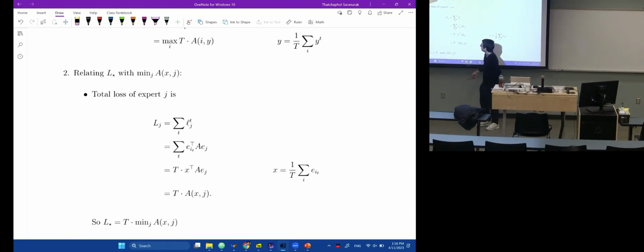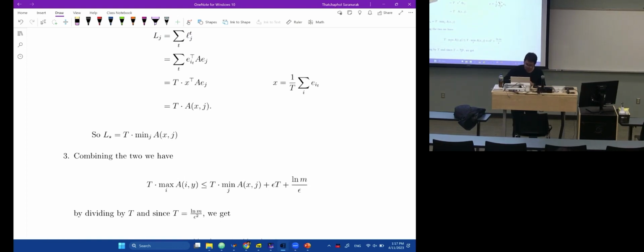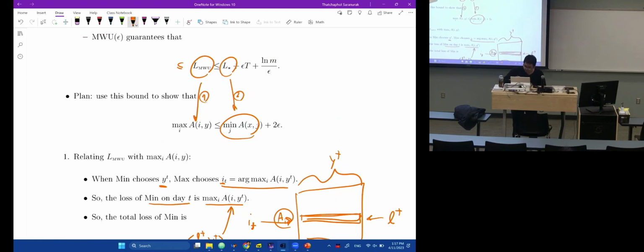The loss of expert j is just going to be T times A x_j. So the loss of the best expert is minimized over all j, so T times min over j of this thing. When you combine both together, you get the lower bound of this thing and the upper bound of this thing.